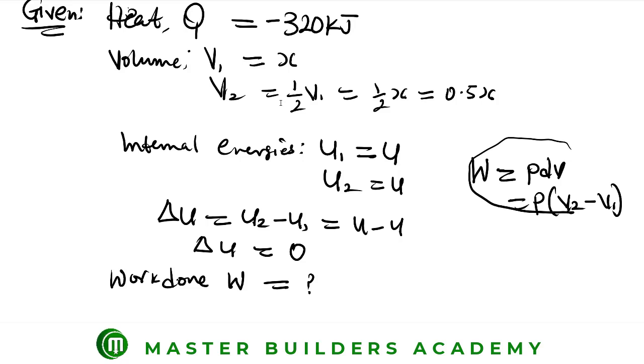So this is when you use volume. Because we do not have pressure here, there will not be need for us to make use of volume. So those volumes are just given, but they will be useless as far as calculating work done is concerned. As far as I have heat here and I have change in internal energy and I'm looking for work done, I can just go ahead and apply the first law equation for thermodynamics.